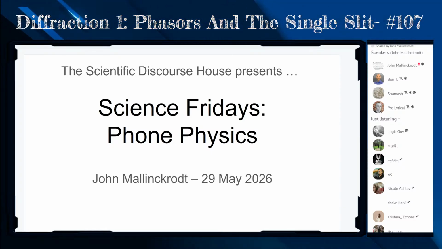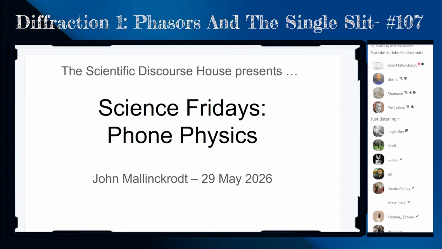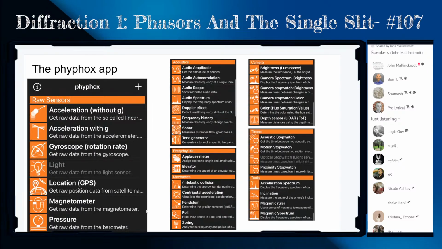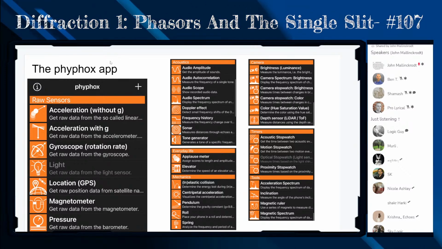The thing we're going to talk about is the raw sensor section: accelerometers, gyroscopes, GPS, magnetometer, pressure. But there's also other things. There's acoustics, using the microphone, you can do analysis of audio.